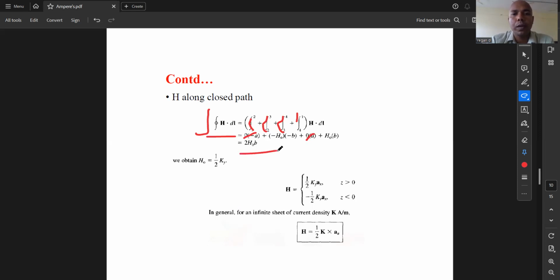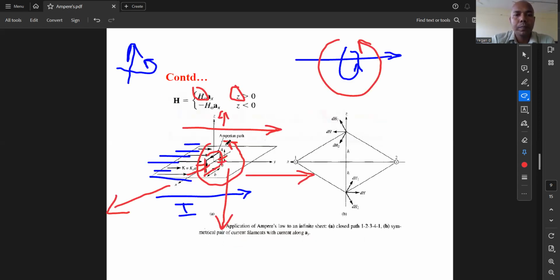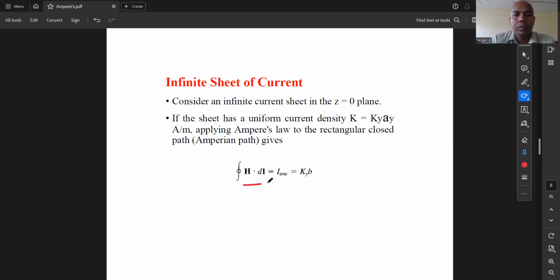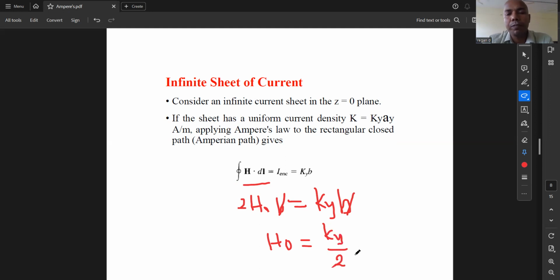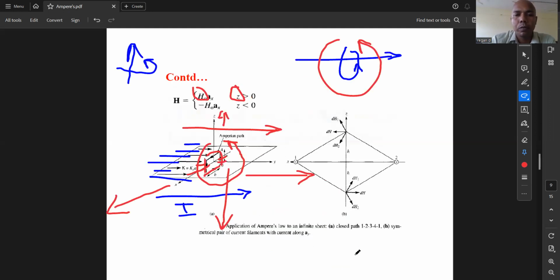So we get the total as 2 H naught B, which is equal to K y times B, where K y is the current density. So B cancels, and H naught is equal to K y divided by 2. So the total magnetic field is equal to K y over 2.